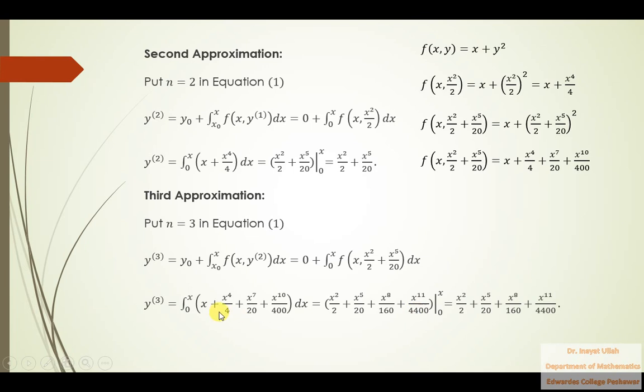So that is the integral of this whole function. Put the limit on the right hand side, and just write this whole function over there. That is the third approximation by using Picard's method of the given differential equation. So this is the approximate solution of the given differential equation with the help of Picard's method.